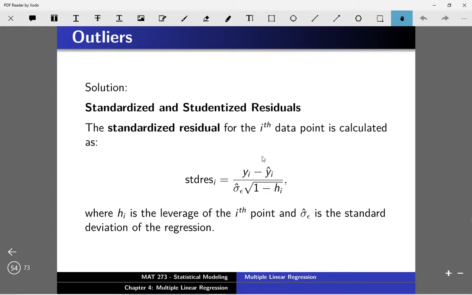It's the regular residual, the observed value minus the predicted value for our data set. But we standardize it. We divide by the standard error of the regression, and then this function of the leverage value. So this is another metric we can use to assess if an observation is considered an outlier or not.